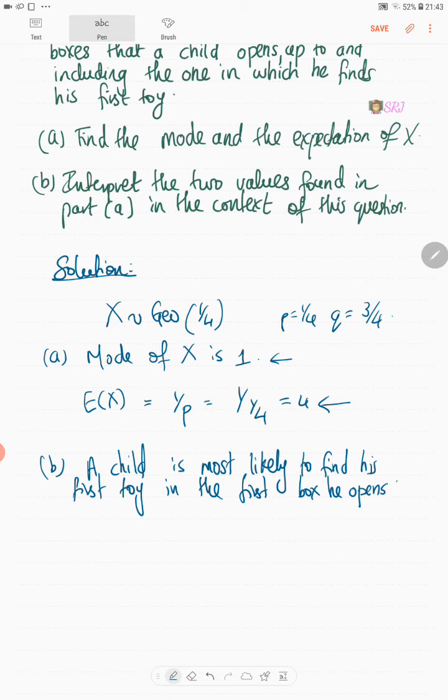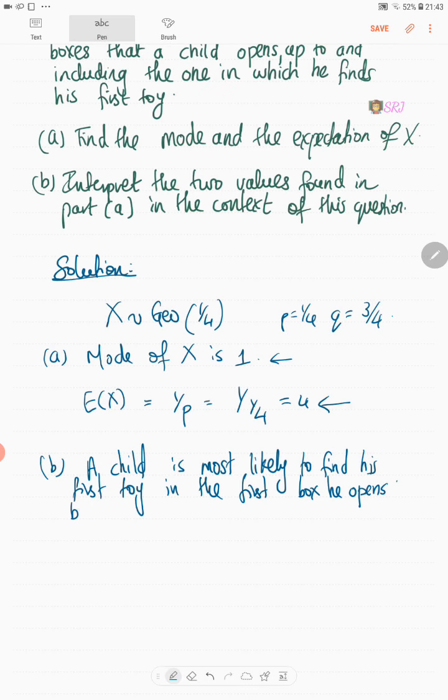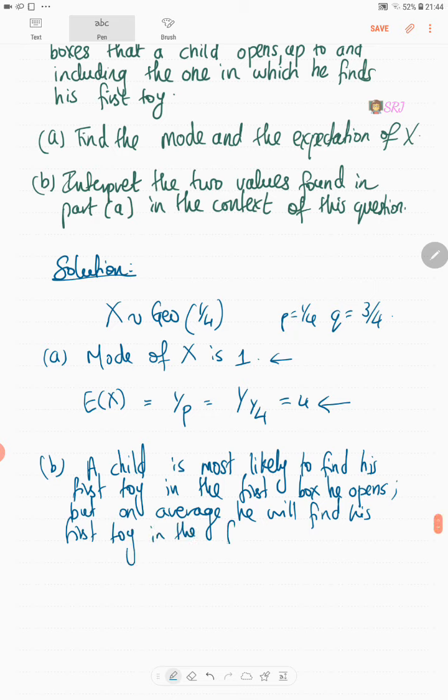So for the mode, he is most likely to find his toy in the first box he opens, but on average, he will find his first toy in the 4th box that he opens.